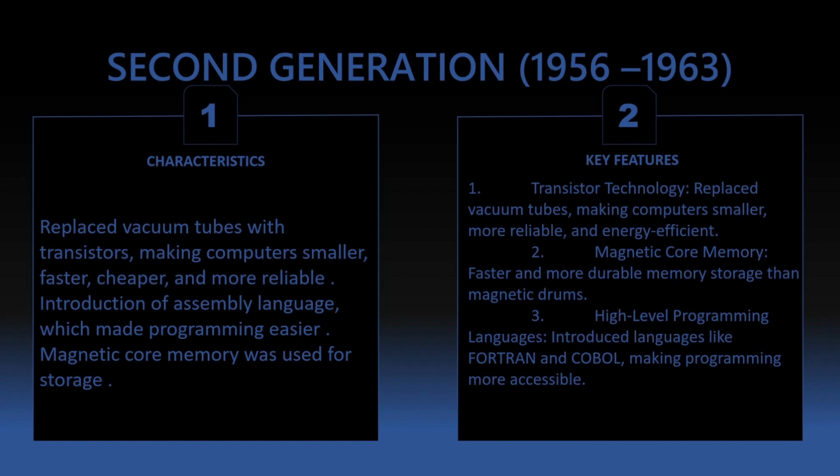Transistor technology replaced vacuum tubes, making computers smaller, more reliable, and energy efficient. 2. Magnetic core memory, faster and more durable than magnetic drums. 3. High-level programming languages like Fortran and COBOL, making programming more accessible.